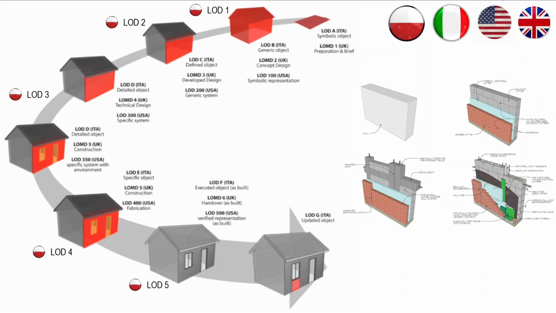You can see that the Italian system has the most levels. There are 8 of them, and they are marked with letters from A to G. The British one has 7, from 1 to 7. The American one has 6, from 100 to 500. And the Polish only has 5.